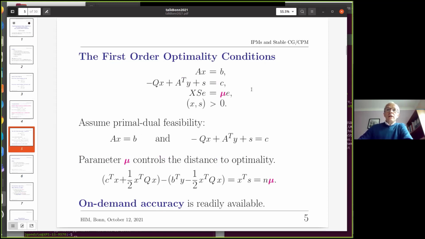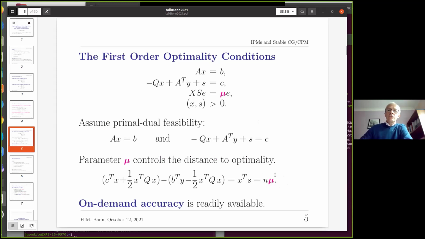The first order optimality conditions for the barrier problem give us a very nice tool to control the distance between the primal and dual objectives. The distance between the primal and the dual is just a multiple of the barrier parameter. Hence, it is always possible to interrupt interior point methods with a known distance to optimality.